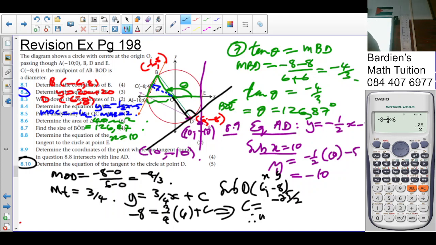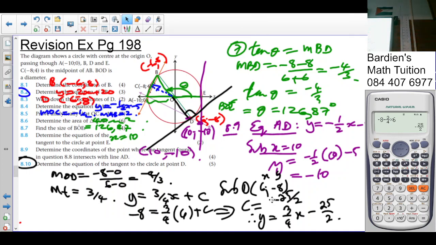So therefore the equation that they're looking for, the equation of the tangent to the circle at D, is y equals 3 over 4 x minus 25 over 2. Okay. You all okay with that?